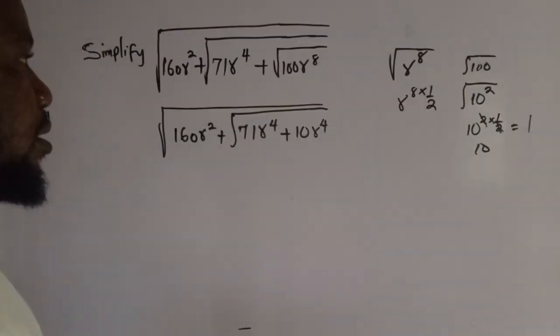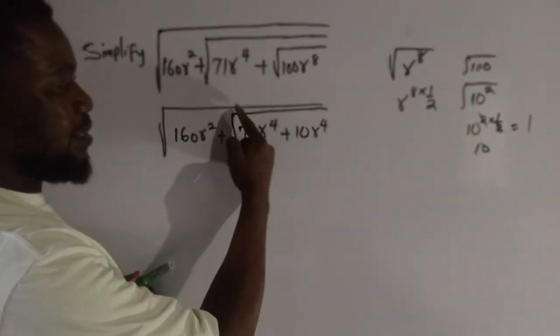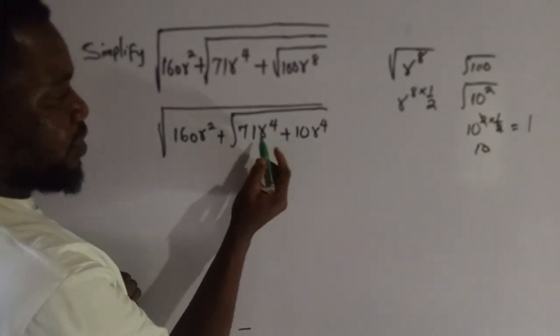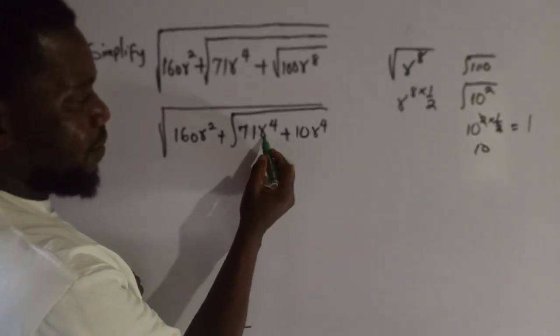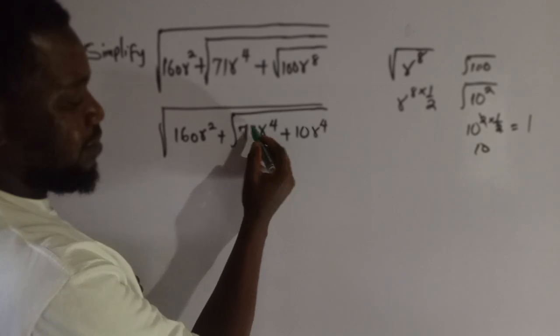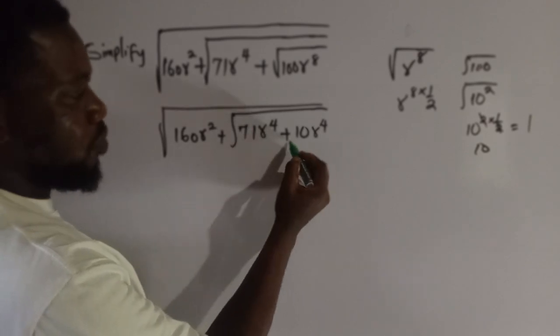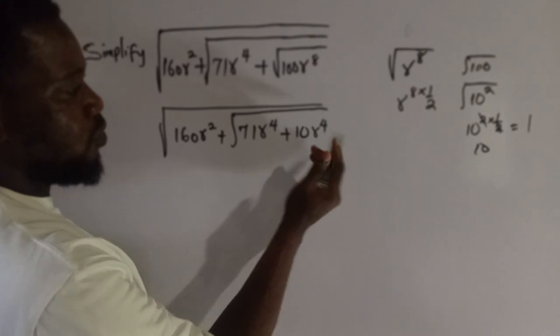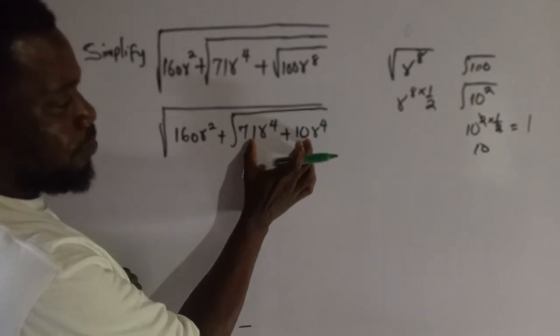Having done this, we now consider the second root. Since the index of r in 71r⁴ is also equal to the index of r in 10r⁴, we can add these two.